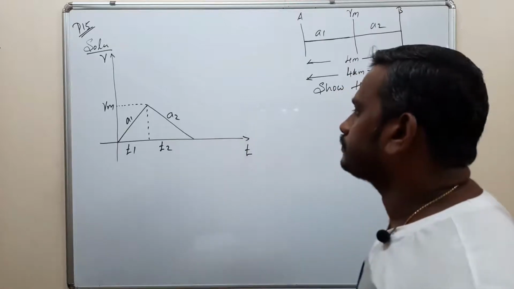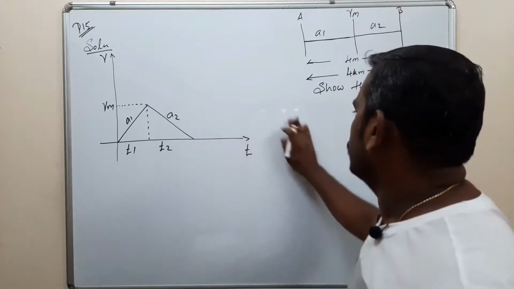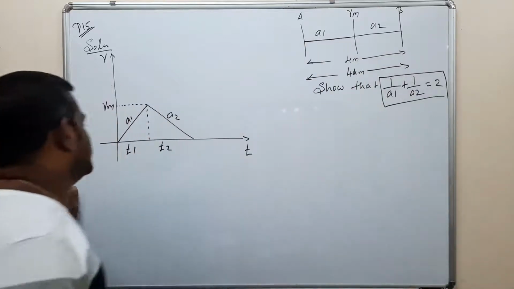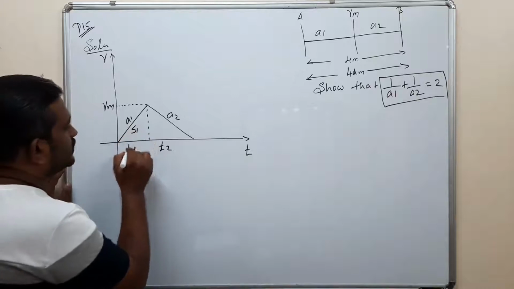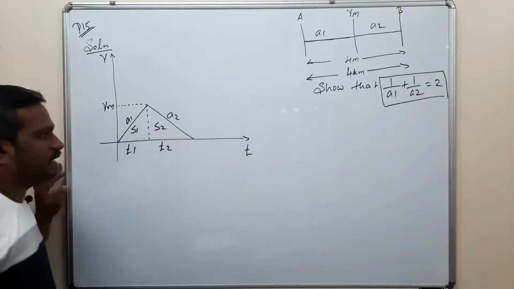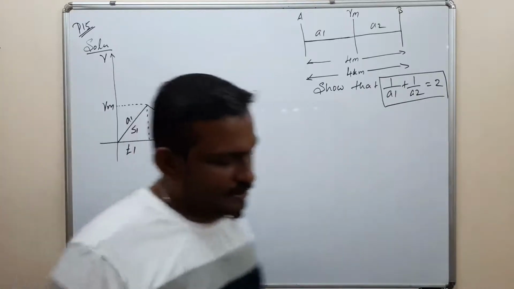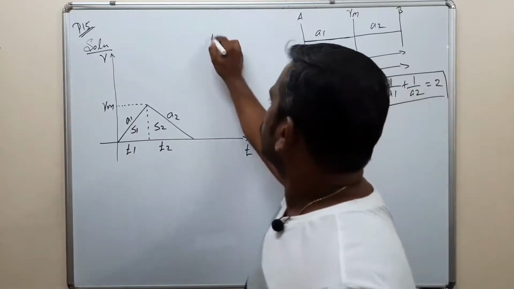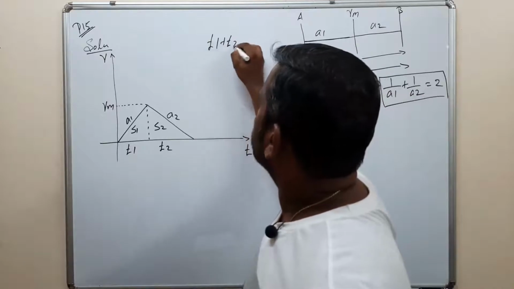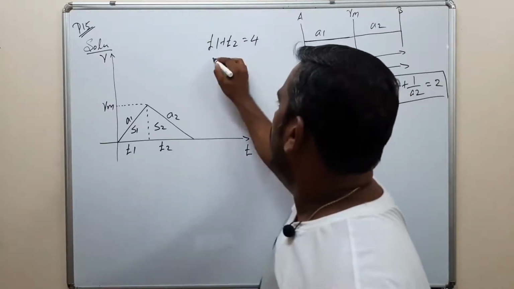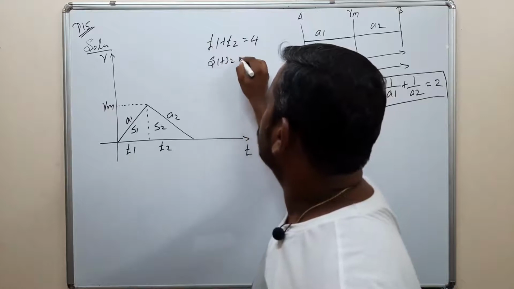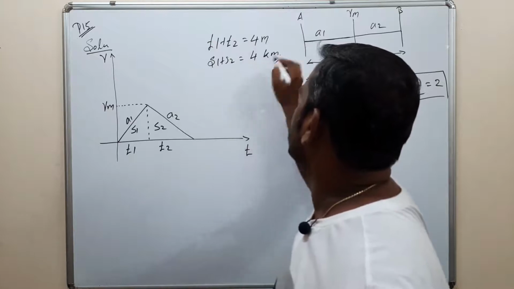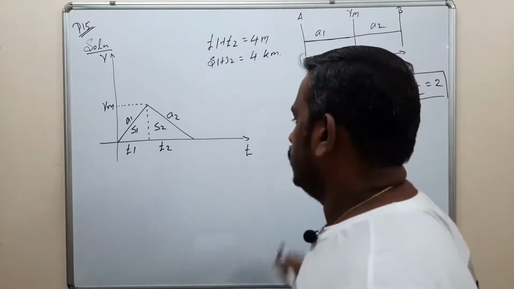Suppose S1 is the distance traveled by the train in the first part and S2 is the distance traveled in the second part. We are given T1 plus T2 is equal to 4 minutes, and S1 plus S2 is equal to 4 km.